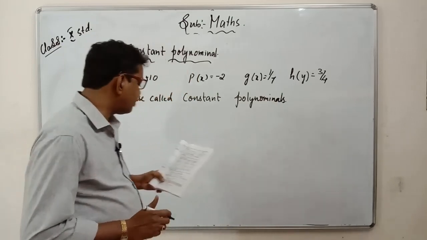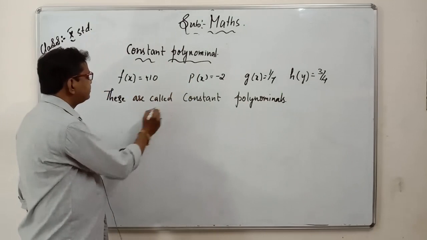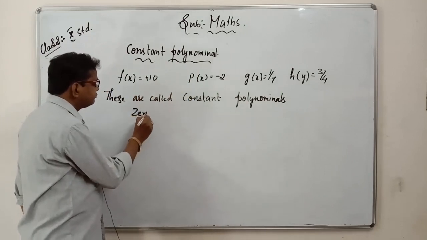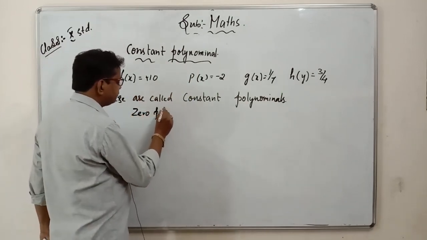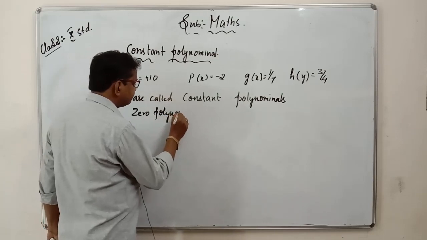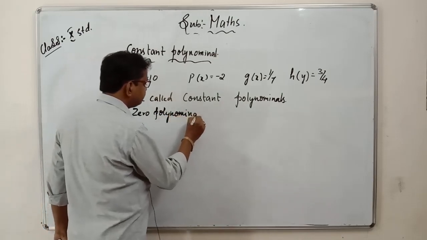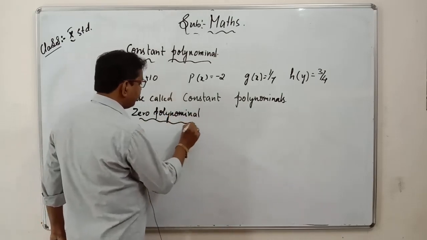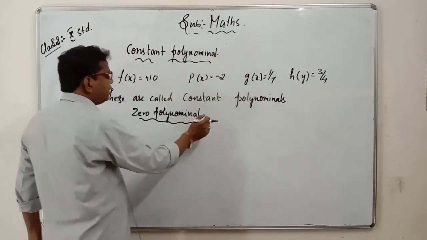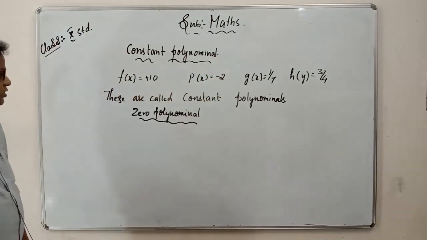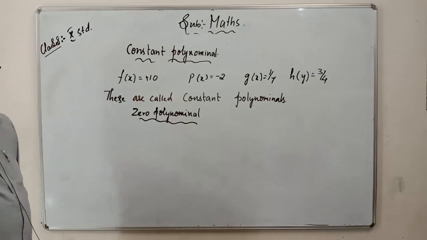And we have zero polynomial. What is zero polynomial? We have seen constant polynomial. Now we have zero polynomial. The value of the polynomial will be 0.